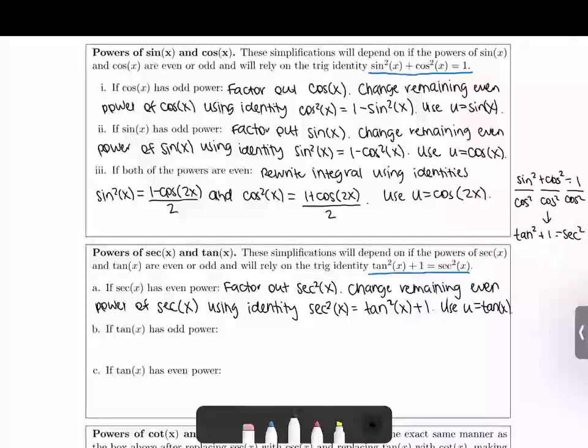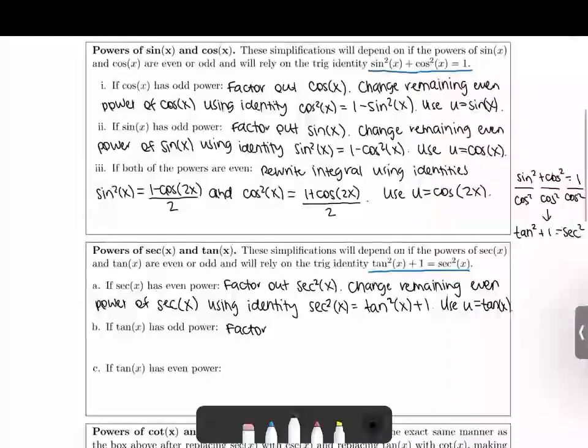Okay. Next, we're going to consider the power of tangent. So if tangent has an odd power, then we are going to look at the other derivative we can factor out. So we are going to factor out secant tangent. And because that took away one tangent, our power on tangent, if it was odd, was 1, 3, or 5, or so on.